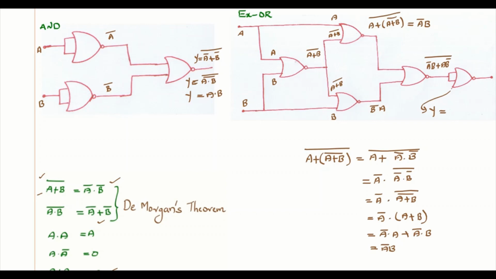So the final output will be y equal to A complement B plus A B complement the whole complement, which is equal to A complement B plus A B complement, which is nothing but A XOR B. This is how exclusive OR gate is realized using NOR gate.